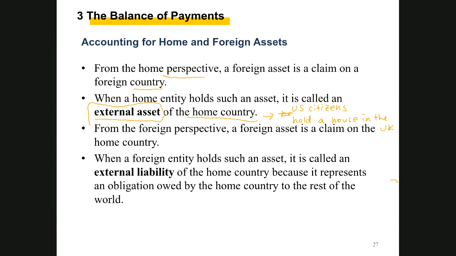From a foreign perspective, a foreign asset is a claim on the home country. When a foreign entity, household or firm, holds such an asset, it's called an external liability of the home country, right? If a foreigner has real estate in the United States, from the country's perspective, this is called external liability.